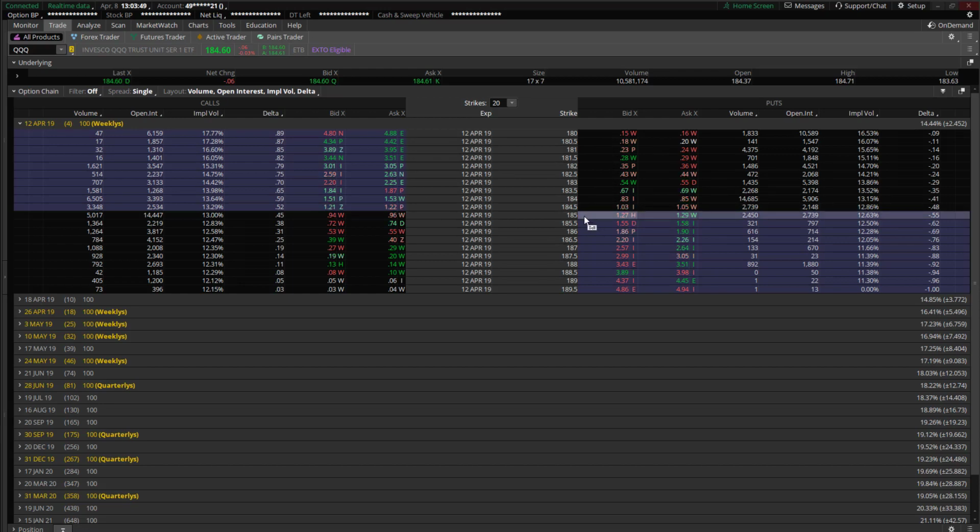Putting your butterfly on both of the expected moves does not guarantee that you'll make one or the other, and quite often you can end up in the middle of both of those and lose them both. However, because of Robinhood, we can actually place that trade on the bottom side and the top side and not risk any more in that double butter than we would by building it on either side in Thinkorswim.